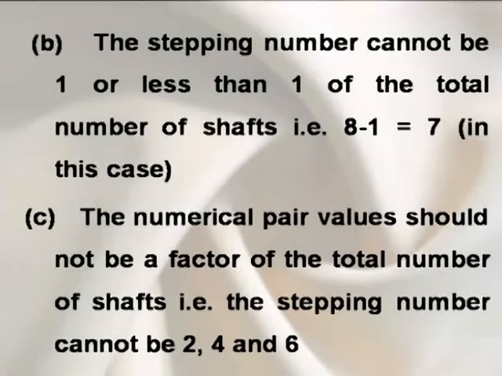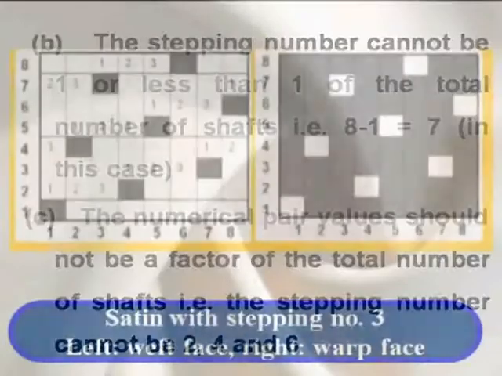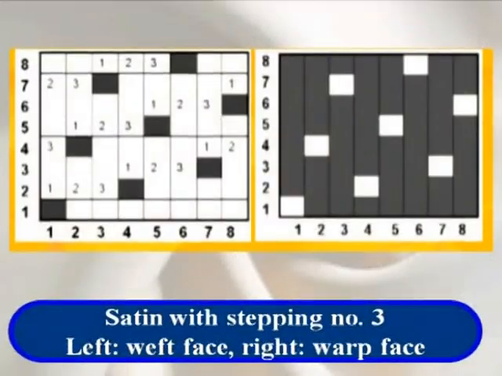For example, the stepping number cannot be 2, 4 and 6. In a satin weave, 8 shafts can only be produced in 2 ways, for example, when the stepping number is either 3 or 5.